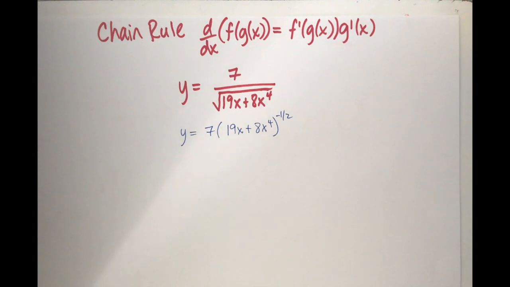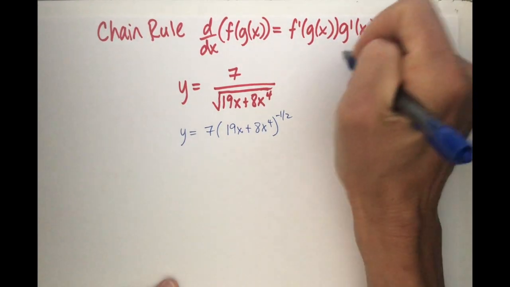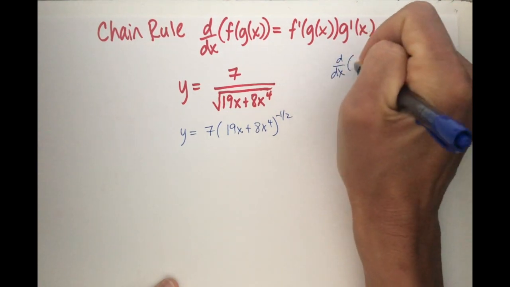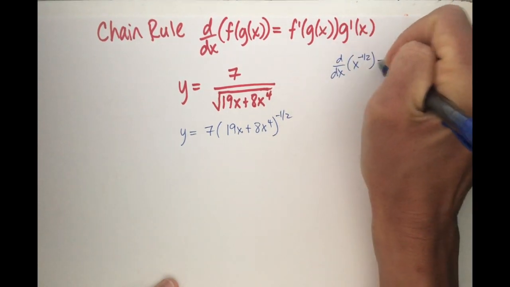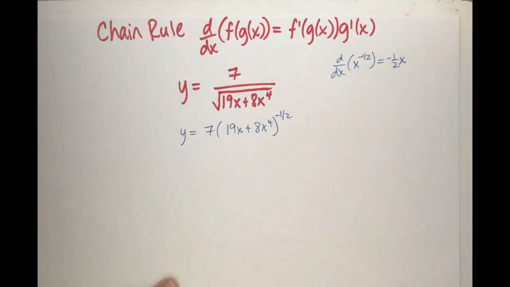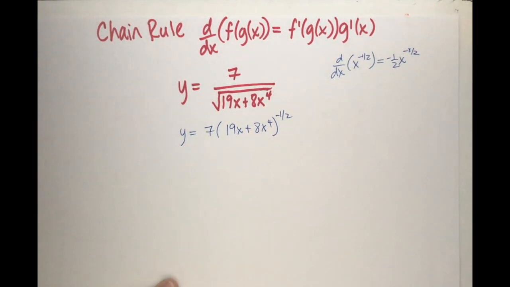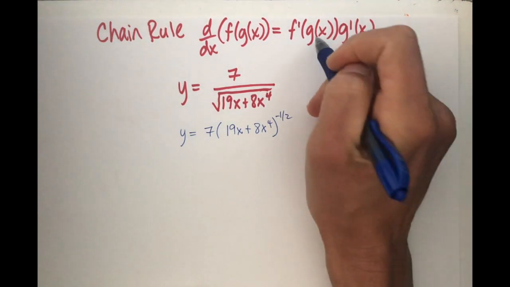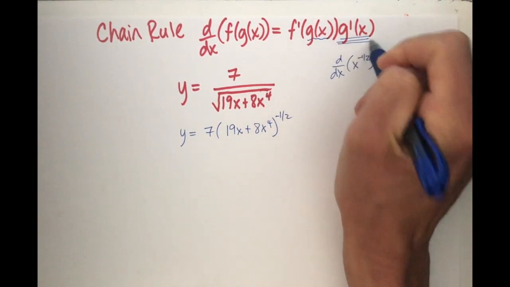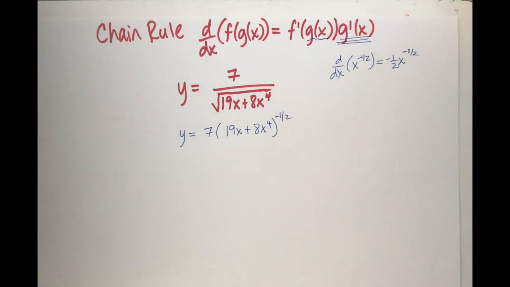I can do this. This is a composite. The outside function is a negative 1/2, so let's just practice that for a second. X to the negative 1/2, negative 1/2 x, negative 1/2 minus 1, negative 3/2 power. 7's going to come along for the ride. I'm going to leave the inside as is, but then take the derivative of that inside function.